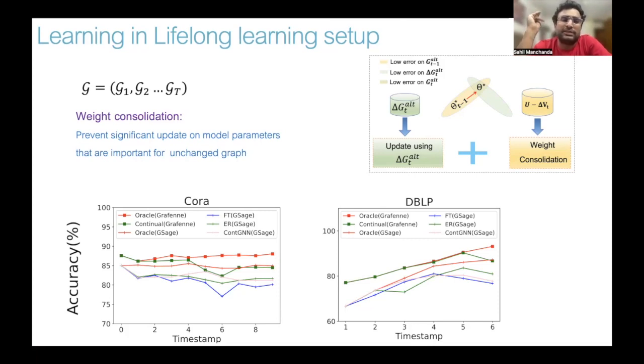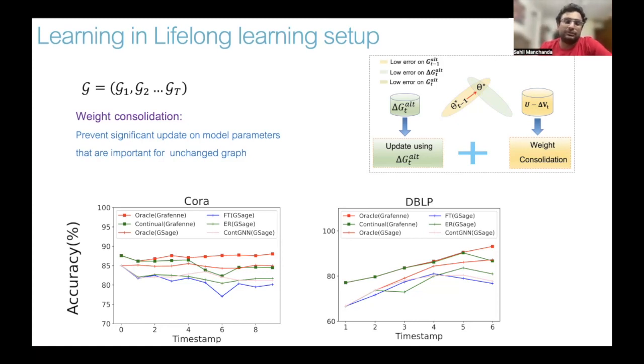If you are updating the parameters of the model when the data changes, there are some parameters that might not be very important for the changed graph, but if you have not changed some part of the graph, the performance of the model on that part might suffer, because you are updating the parameters using only the delta part of the graph. So our objective was, can we prevent significant updates on the parameters that are important for the unchanged part of the graph? We applied elastic weight consolidation, and prevented significant updates on the model parameters that are very relevant for the portion of the graph which has not changed.